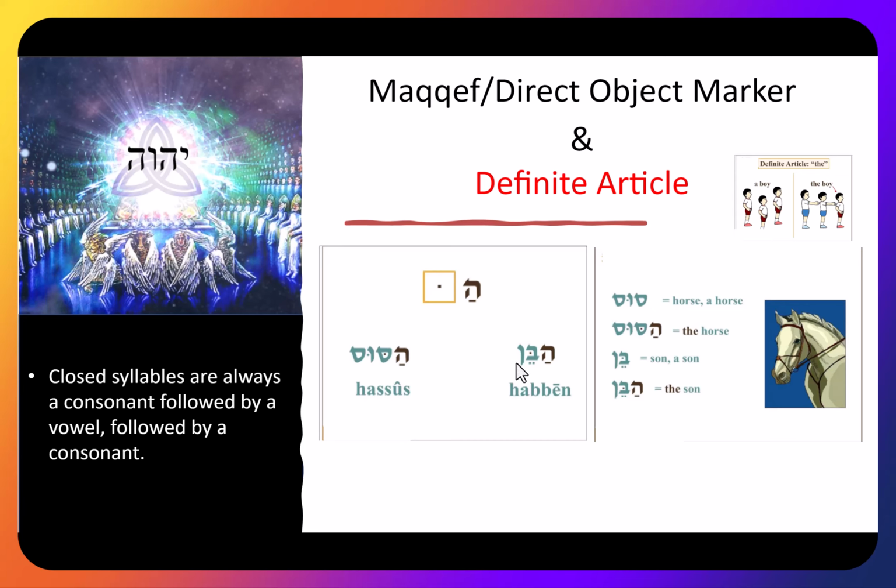Again, hasus, haben. So we're seeing both now, the ha and the dagesh. Here, it's a very strong definite article. It will not always be like this. While this is a pattern, I could just as easily see this definite article with a kamatz under it and no dagesh.